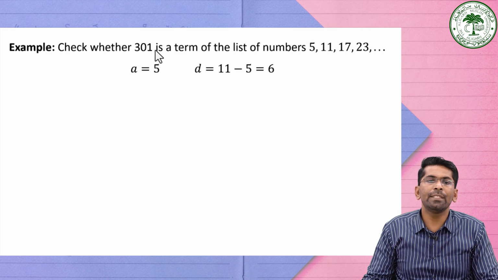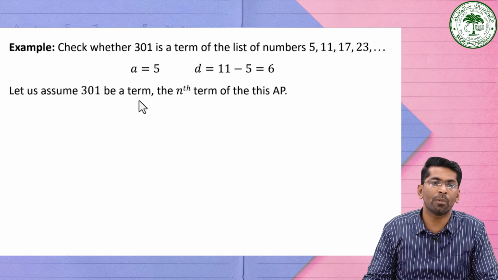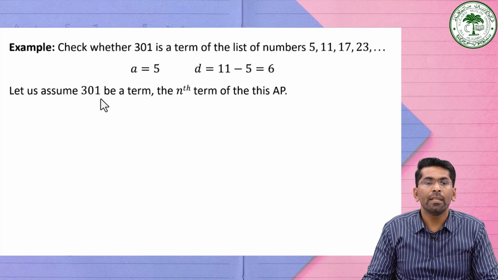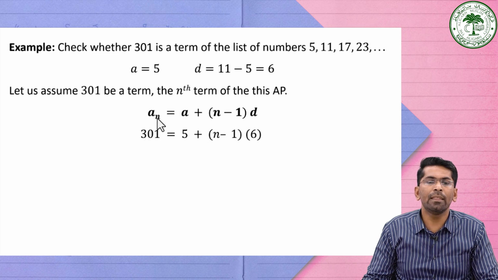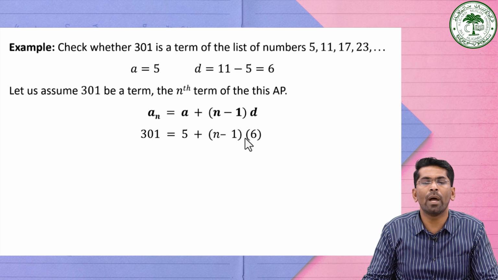Then we are assuming that 301 is one of the elements. We are treating it as an, that is the nth term of an arithmetic progression. That is, we assume 301 is a term in this particular series. Then substituting, an is equal to A plus (n minus 1) into d. So the nth term, 301 as we are assuming, is equal to the first term 5 plus (n minus 1) into d, which is equal to 6.